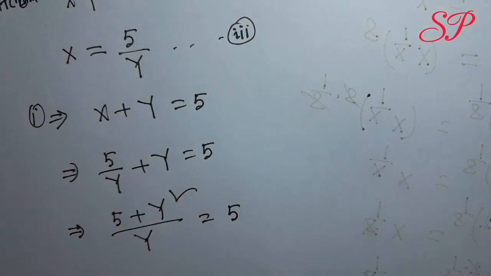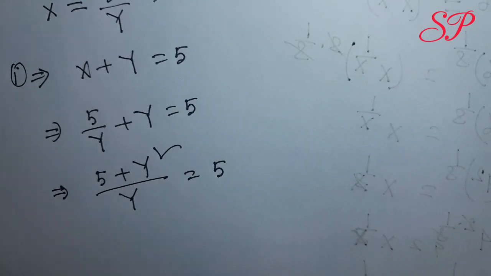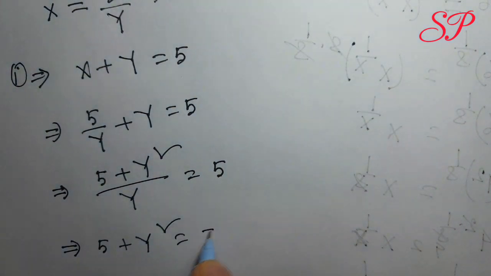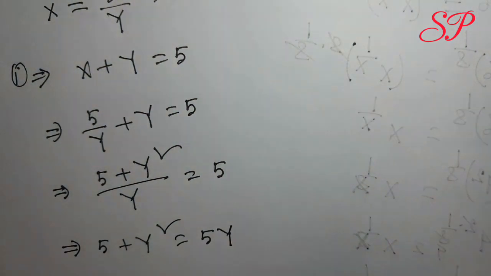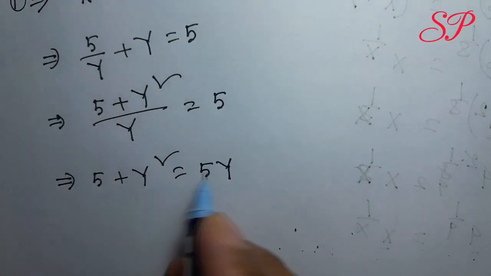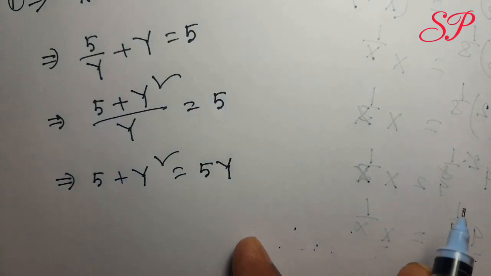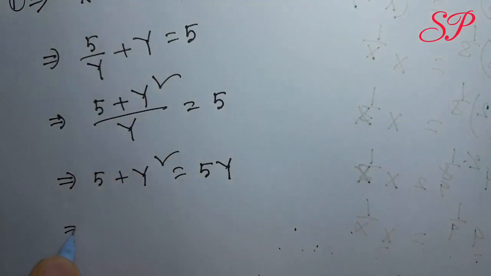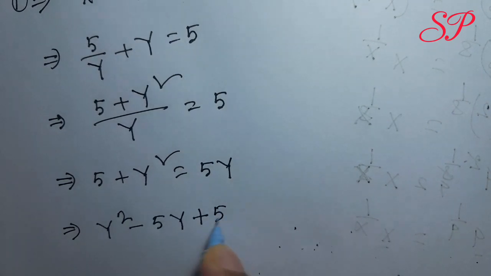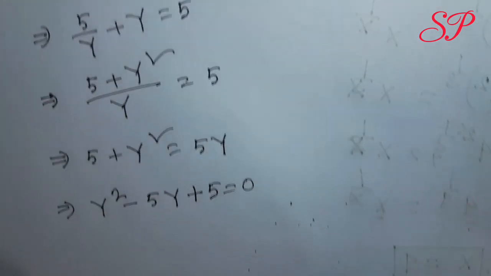Then multiplying both sides by y we can write 5 plus y square is equal to 5y. Rearranging this equation and transferring 5y from the right side to the left side, we can write y square minus 5y plus 5 is equal to 0.